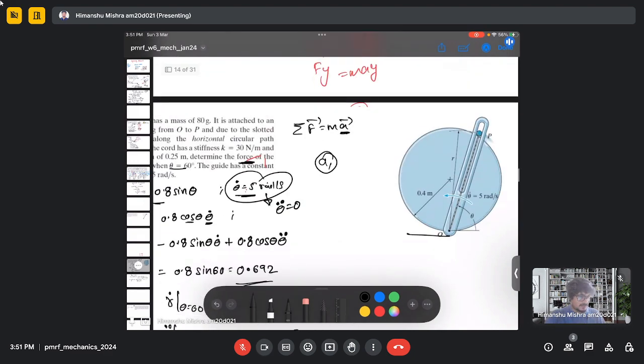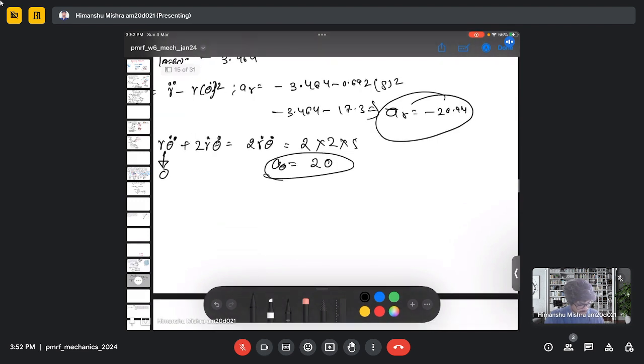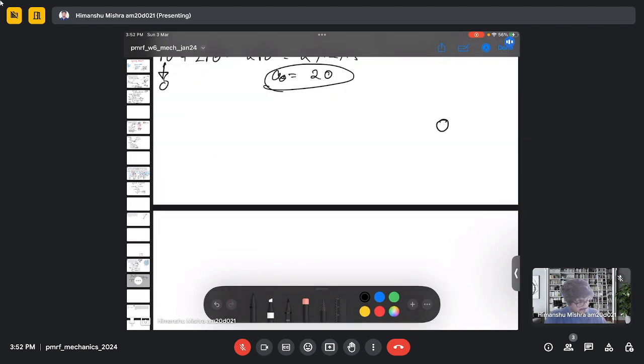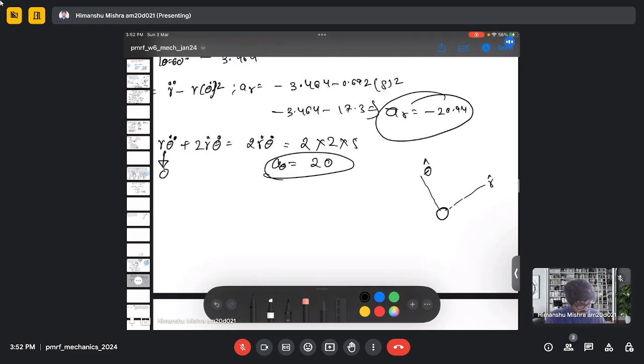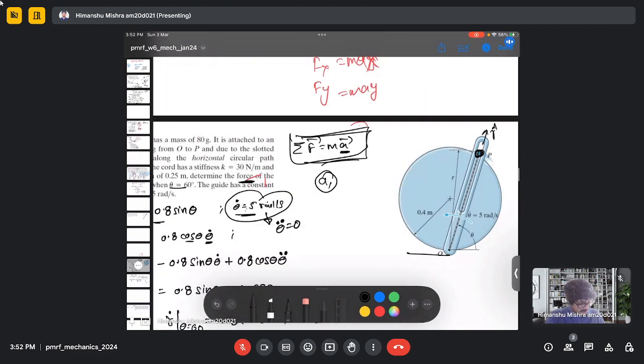Now we can do the force balance analysis for this particle, and we can write the forces in terms of Newton's second law. After we do the force balance analysis, we can calculate the unknown force. So this is my particle, and let's say this is the R direction, and theta is moving here, so this is my theta direction.